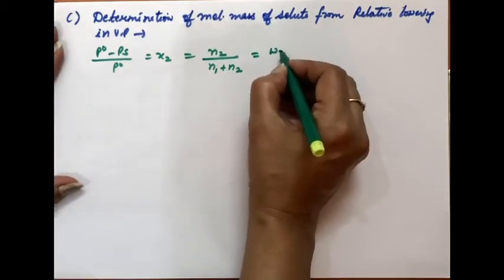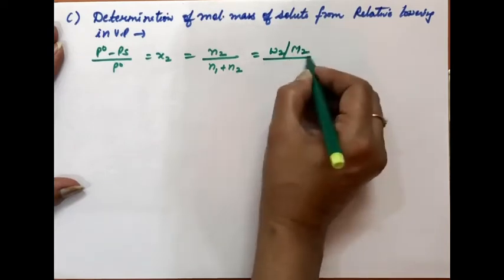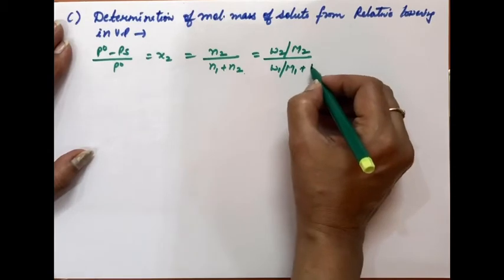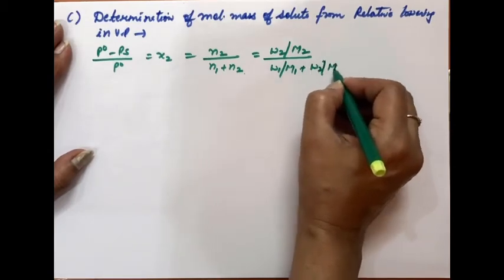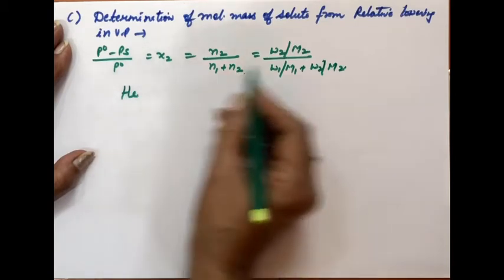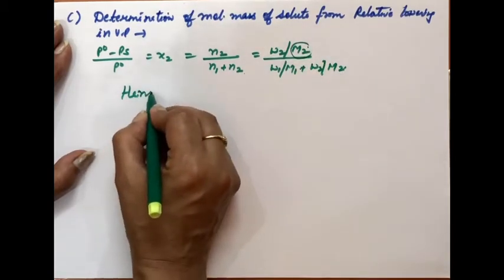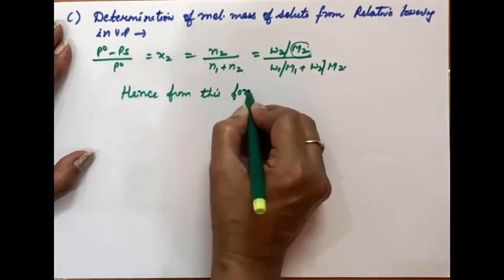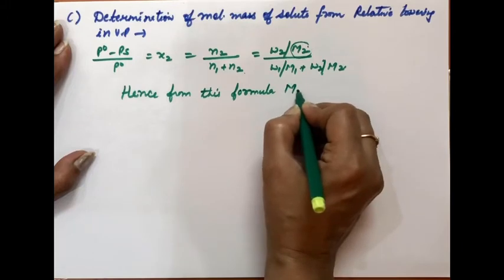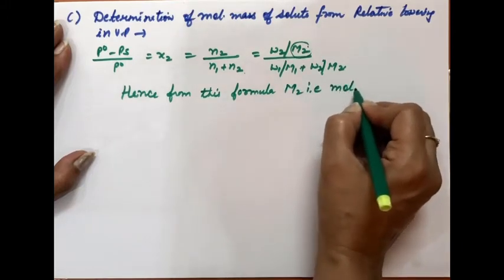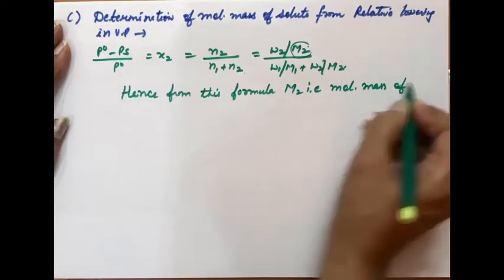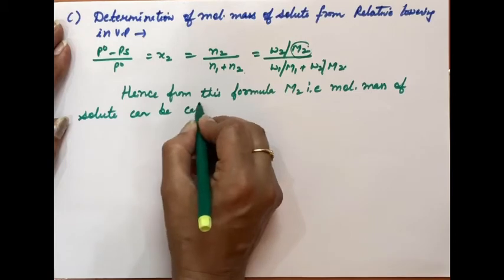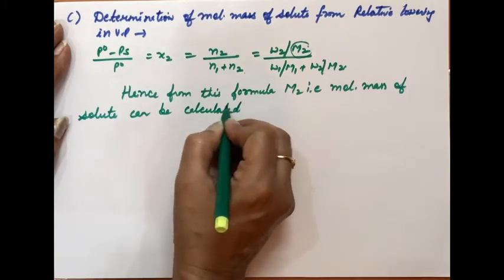Number of moles, that is equal to mass upon the molar mass, so N2 is W2 upon M2. Hence, with the help of this formula, we can calculate the molar mass of the solute, because in the formula there is a molar mass of solute. Hence, from this formula, M2, that is molecular mass of solute, can be calculated. So this is our first colligative property.